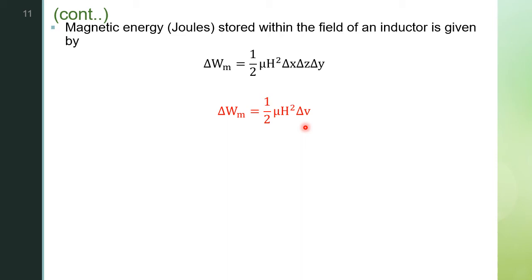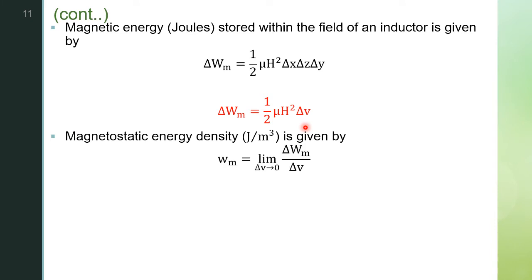Now, for finding the magnetostatic energy density, it is the energy per unit volume. So the magnetostatic energy density, given by small wm, is delta Wm by delta V, and we have to make this delta V tend to 0. That is, we should consider a small differential volume. So as we apply this limit, we will get wm as half mu H square.